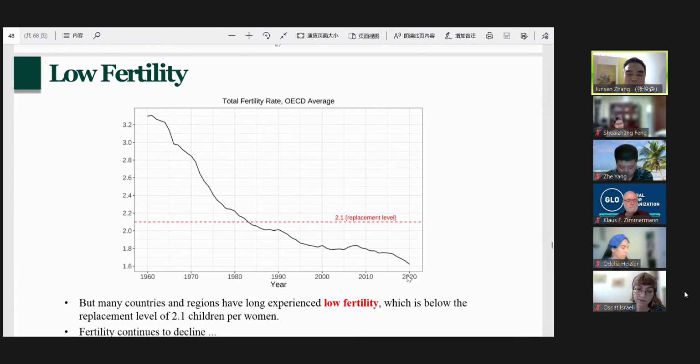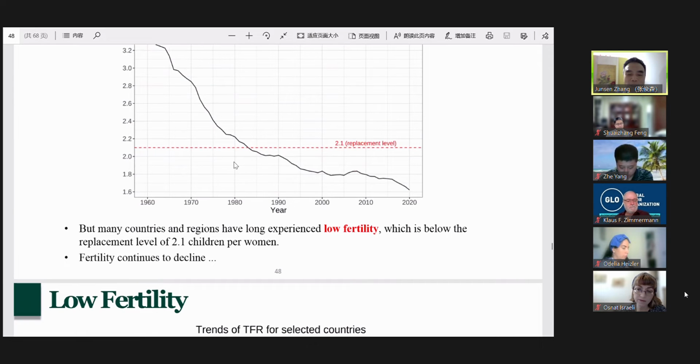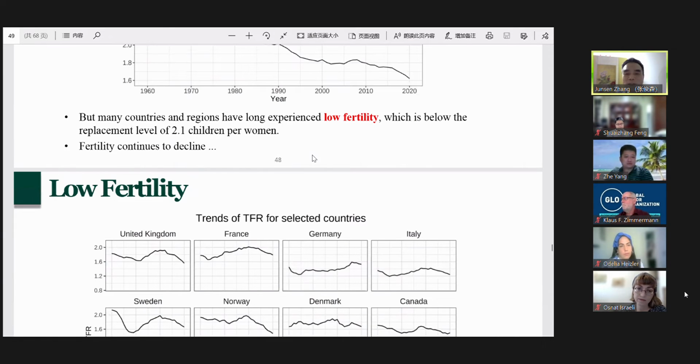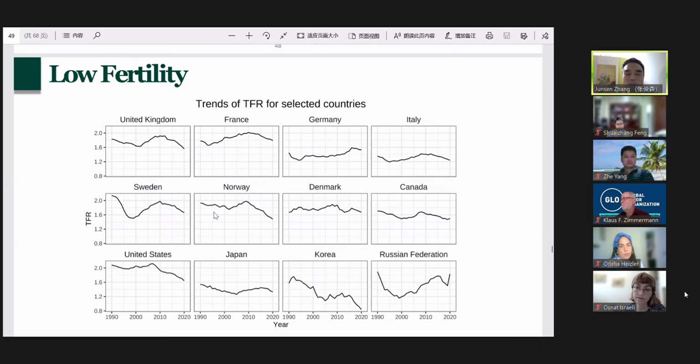And okay, United Kingdom, France. So this fact supports my statement that low fertility is a global phenomenon and a global challenge.